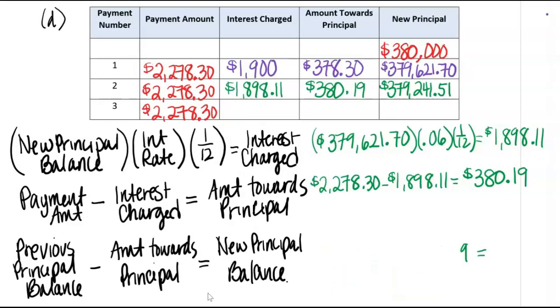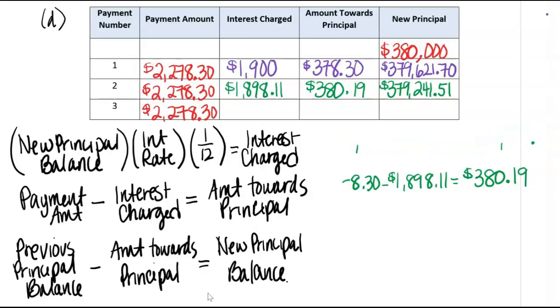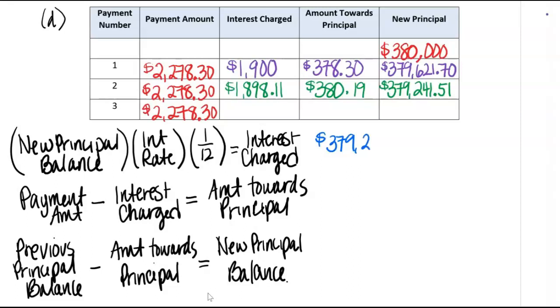Now we have one more line of our amortization schedule. We start with a new principal balance, which is $379,241.51 times 0.06 times 1/12.